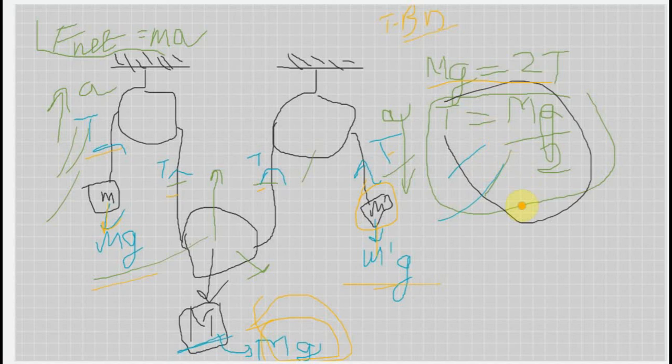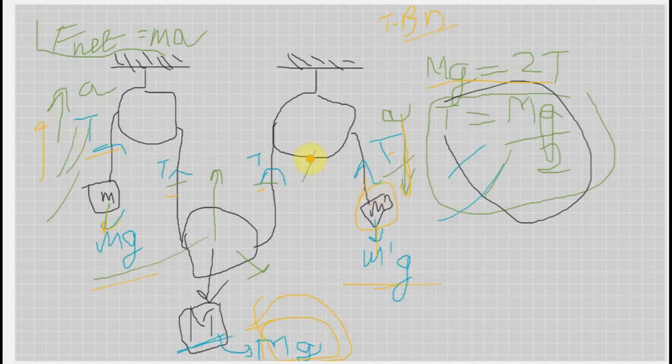As it is at rest, we assume that here the acceleration is in the downward direction and here the acceleration is in the upward direction. In Newton's second law of motion, it says F net is equal to mass into acceleration.